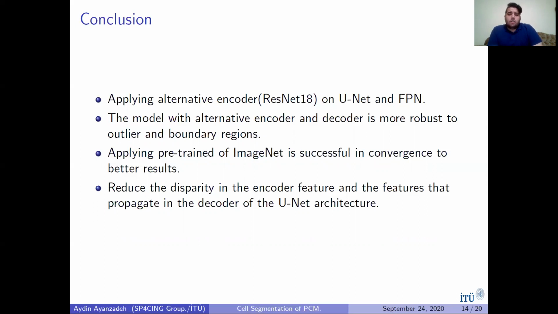And also, this modification will be helpful in reducing the disparity in the encoder features of the methods, where the little U-Net has a low performance in comparison with our proposed method.